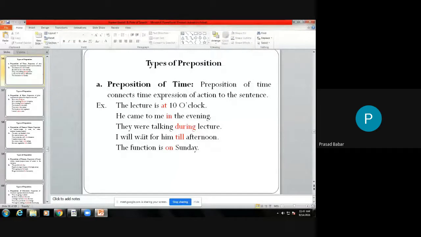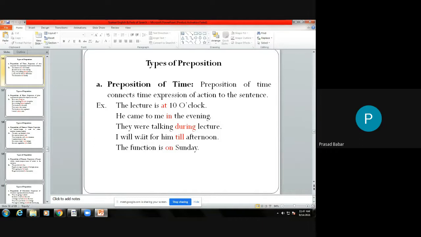At what time that action has taken place is expressed through this type of preposition.